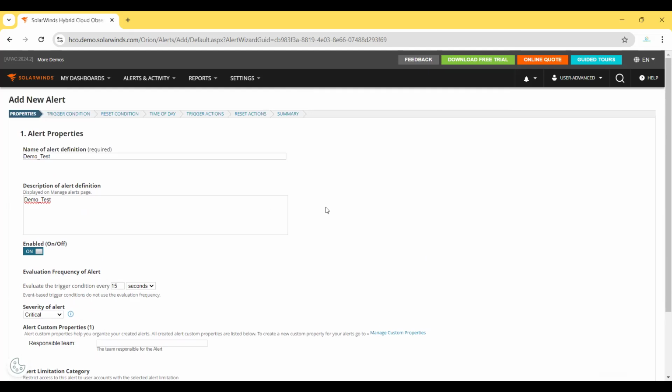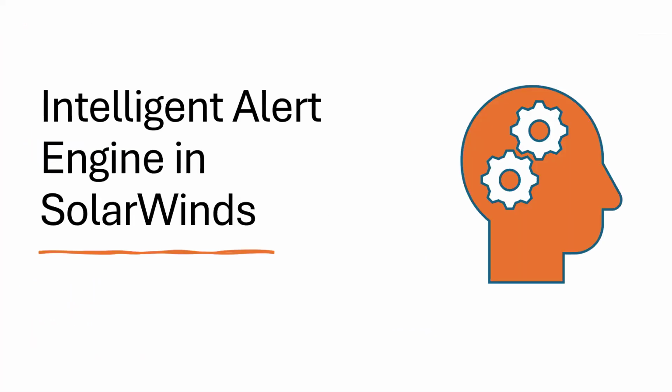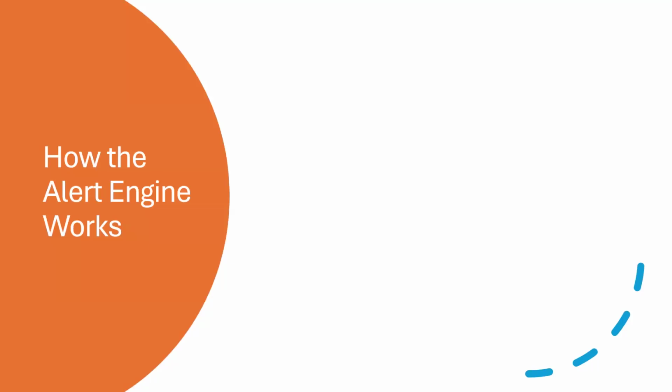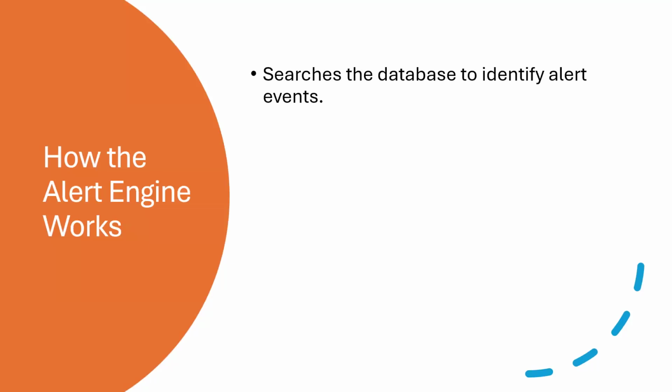Also, I'll explain more about how this alert engine works. There are a few things we need to consider while working with the alert engine. Basically it searches the database. The alert engine works on the database only. It doesn't poll the managed objects, because that is the polling engine's job.